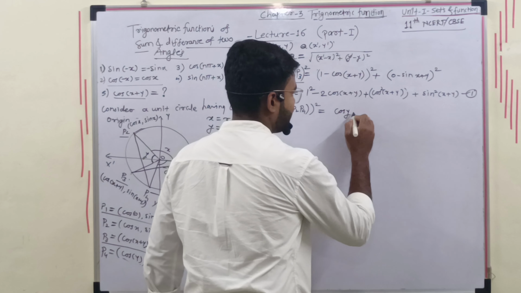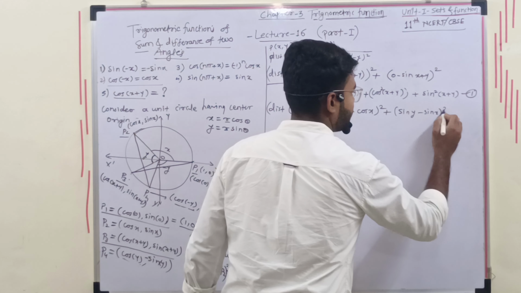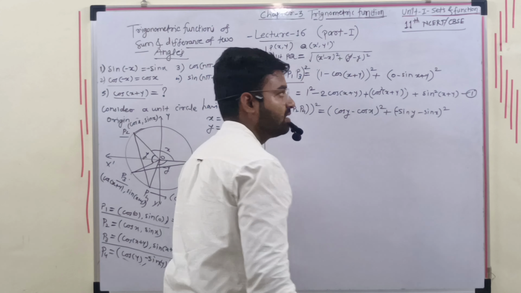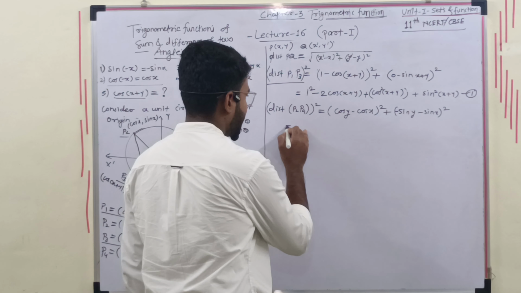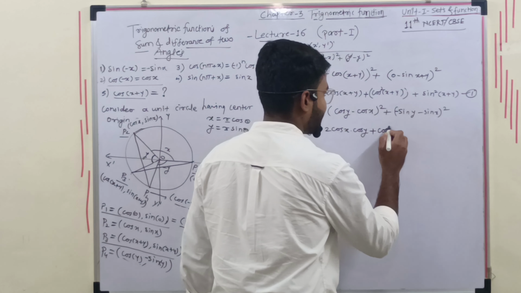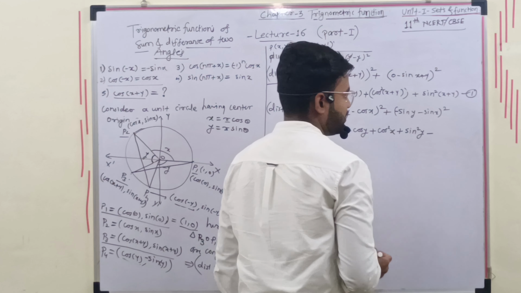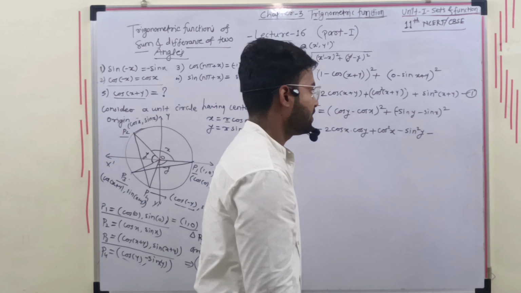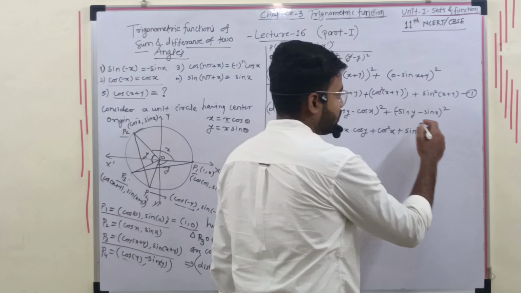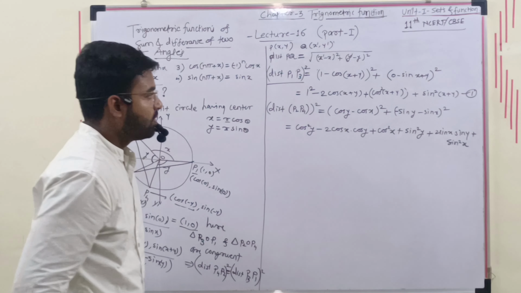So (cos y minus cos x) whole square plus (sin y minus sin x) whole square, where sin of minus y is simply minus sin y. Calculating this: cos square y minus 2 cos x cos y plus cos square x, plus sin square y, and taking the common minus inside, the square makes it plus: 2 sin x sin y, plus sin square x. So this is the second equation.